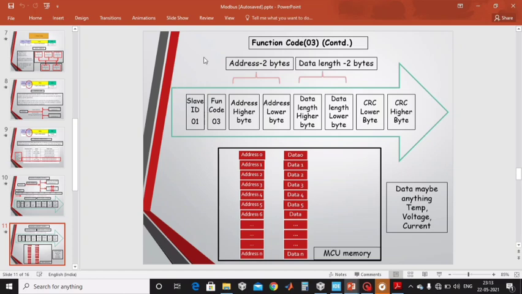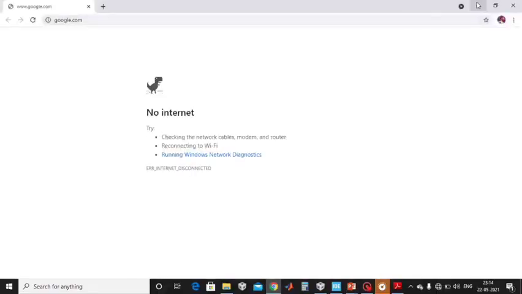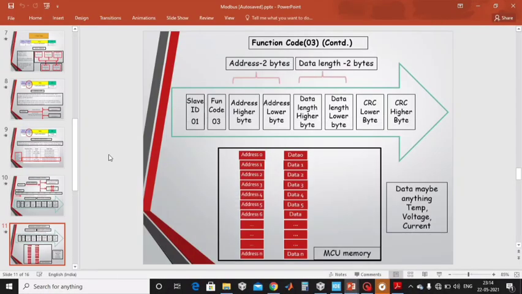Suppose there are two devices in the Modbus protocol, then master has to send this specific frame: slave ID, function code, address, data, CRC. But there are no specific rules in the SPI communication regarding the data frame. Means all devices which are communicating in the SPI network work according to their manufacturer.